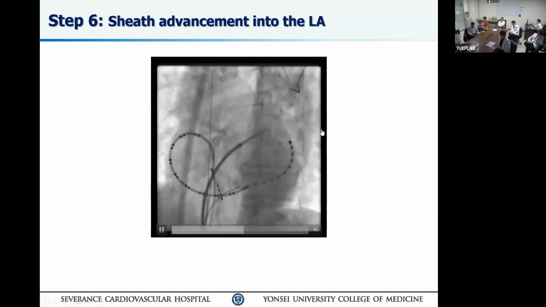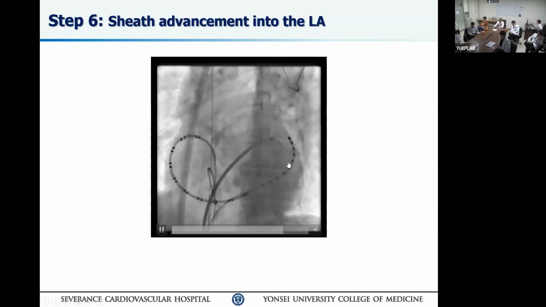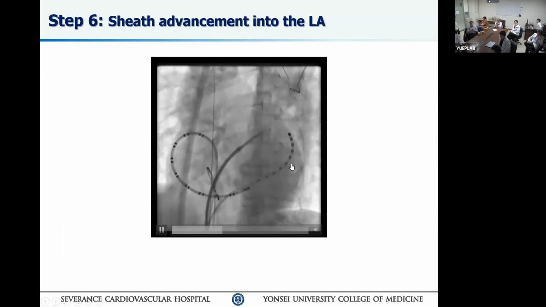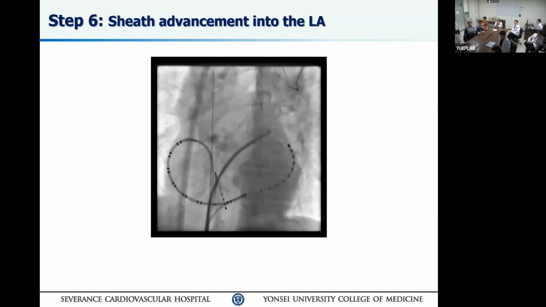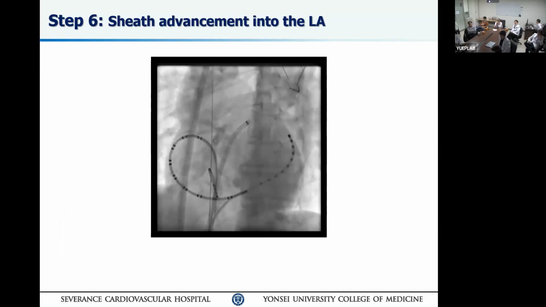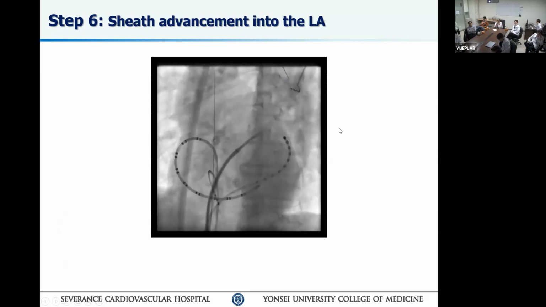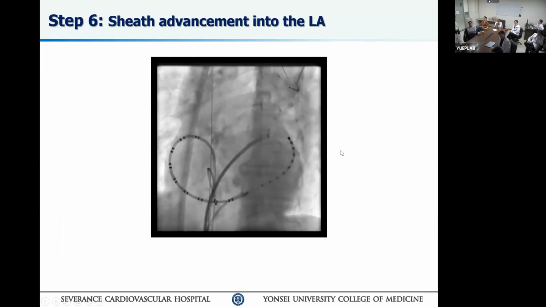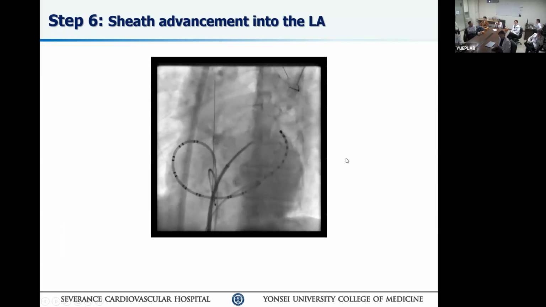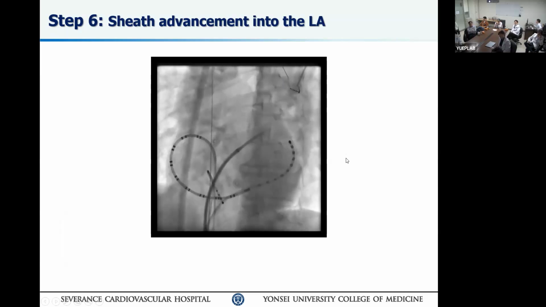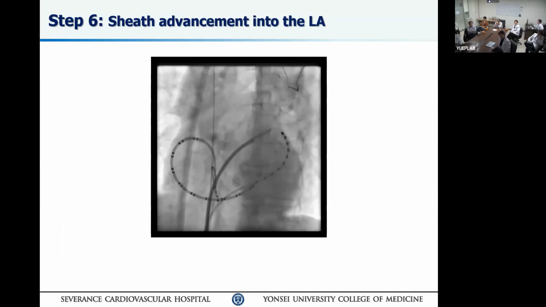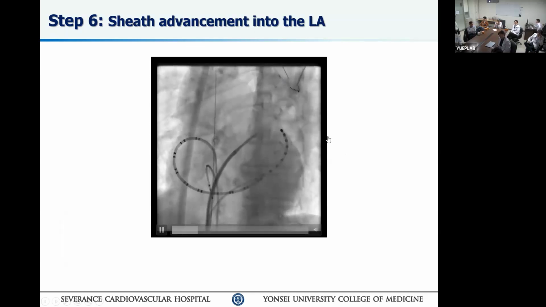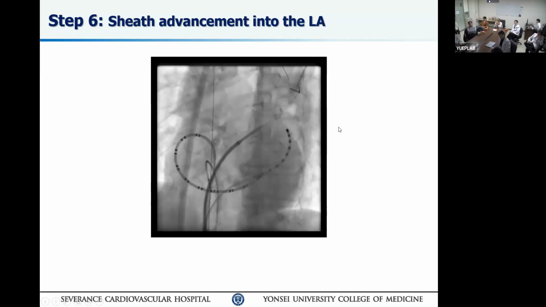After transseptal puncture, the sheath and the dilator will go through the fossa ovalis and into the LA. One thing you have to be cautious about is that if you puncture too posteriorly, your transseptal sheath might contact the posterior wall of the LA, which might damage the left atrium.